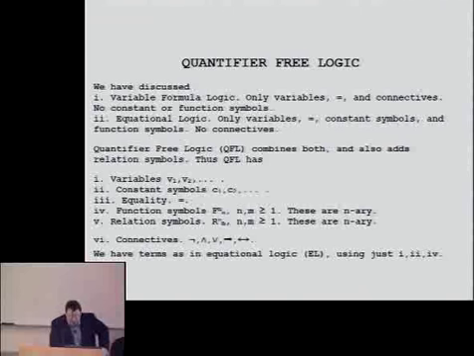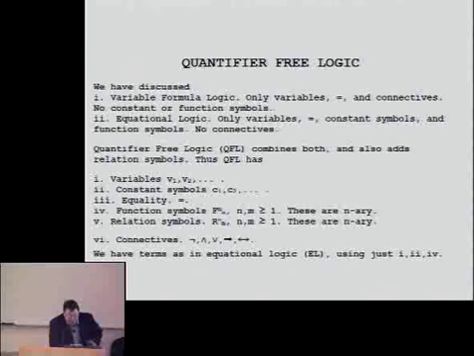Okay. Now we're going to combine both and also add another little item called relation symbols, which is no big deal. It's not as big a deal as function symbols are.